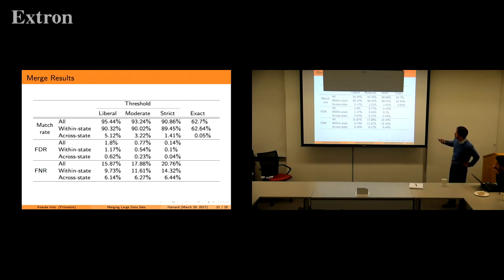Okay, and about 1 to 5%, we found them in another state. So if you remember the figure I quoted from IRS, that was a little bit more than 1% of people who move across state at the same time.